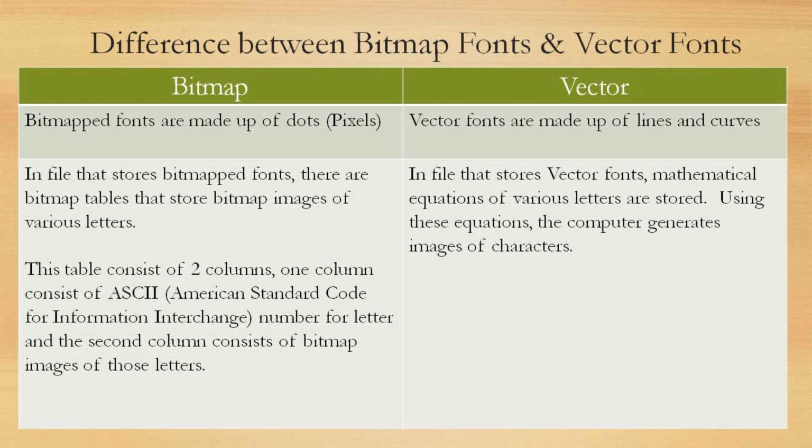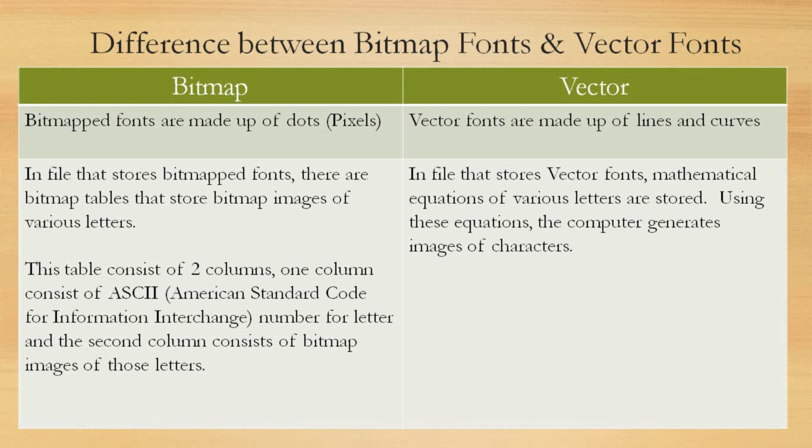The file that stores bitmap fonts will contain a table that stores bitmap images of various letters, and that table consists of two columns. One column consists of the ASCII number for the letter, and the second column consists of the bitmap image of that letter.